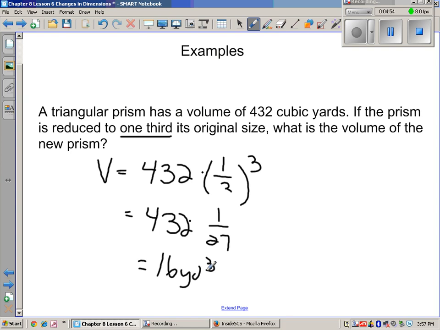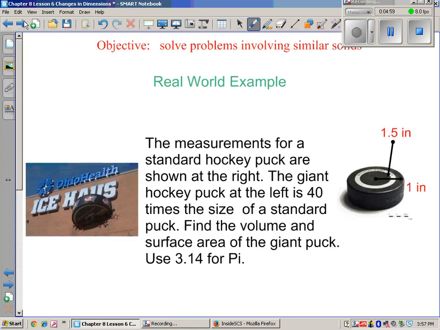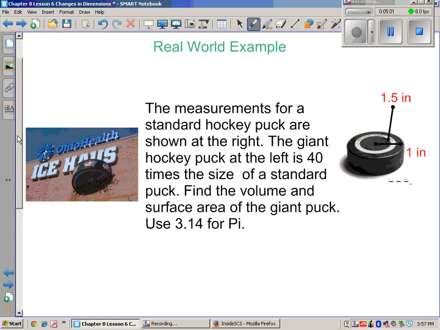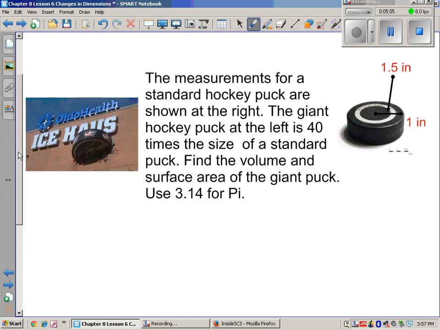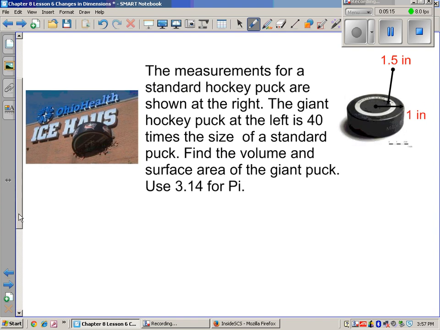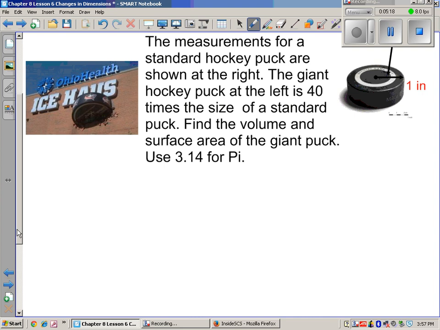Let's take a peek at our next example, a real-world example. The measurements for a standard hockey puck are shown at the right. The giant hockey puck at the left is 40 times the size of the standard puck. Find the volume and surface area of the giant puck. Use 3.14 for pi. First we need to find the volume and surface area of the standard hockey puck.